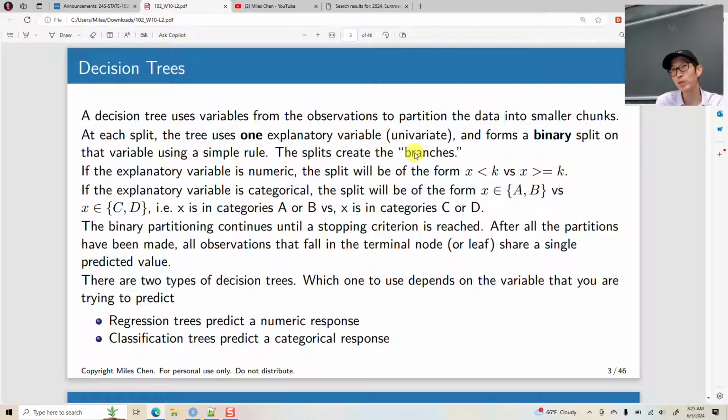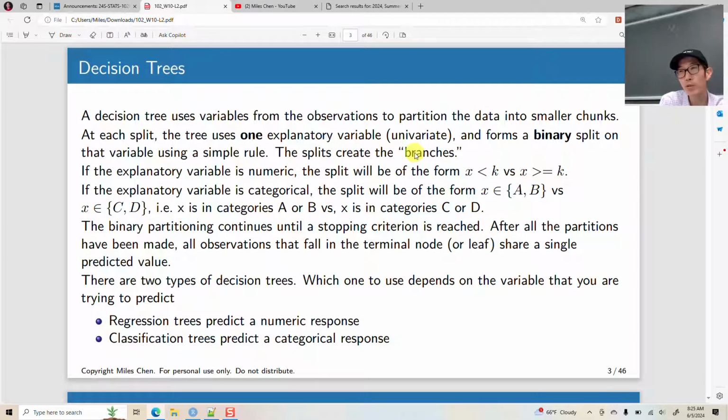Is the person over 30 or under 30? Then for the people who are over 30, you ask another question: is the person over 50 or under 50? Then you'll end up having three segments: under 30, between 30 and 50, and over 50, okay?